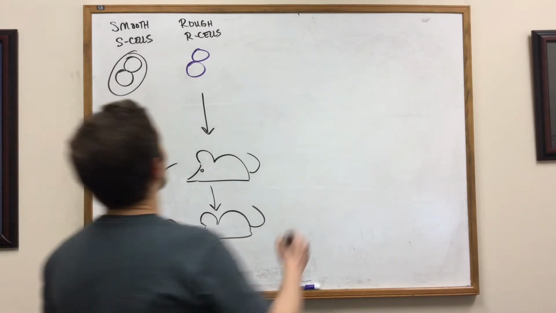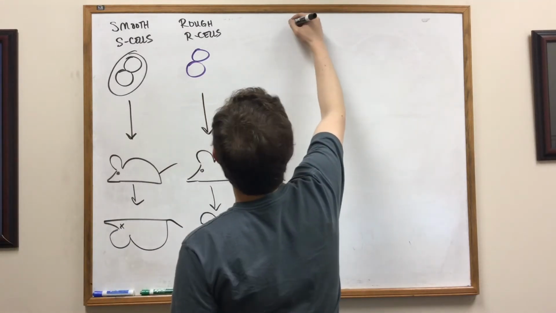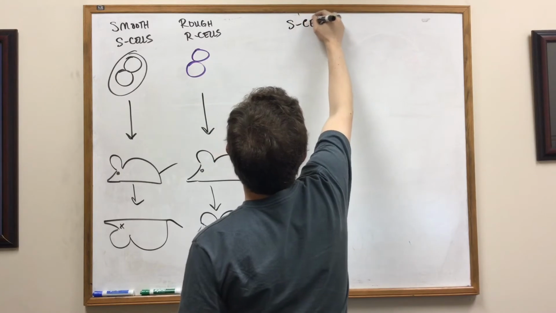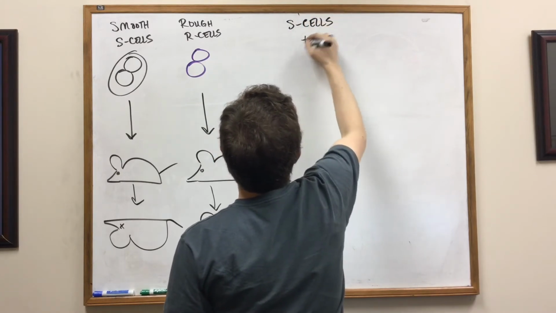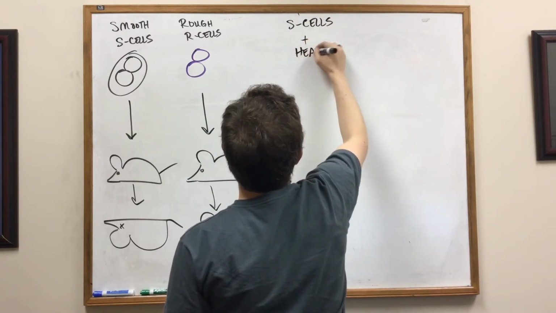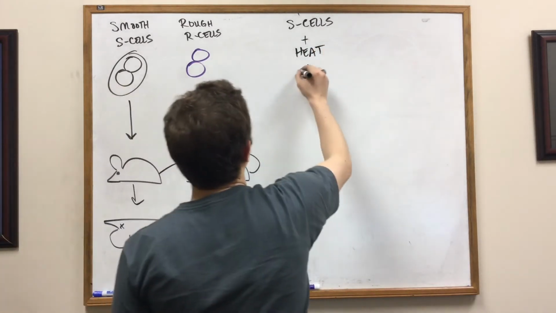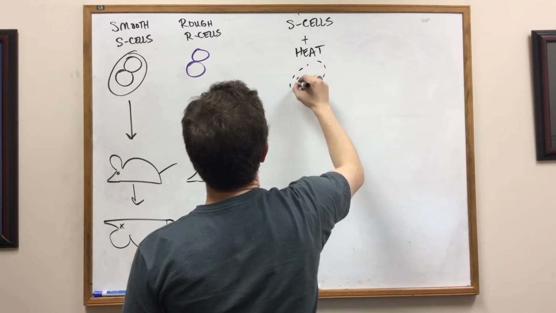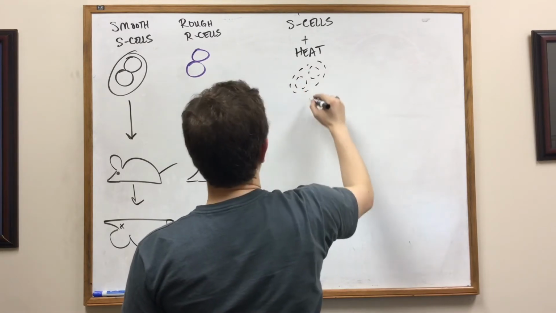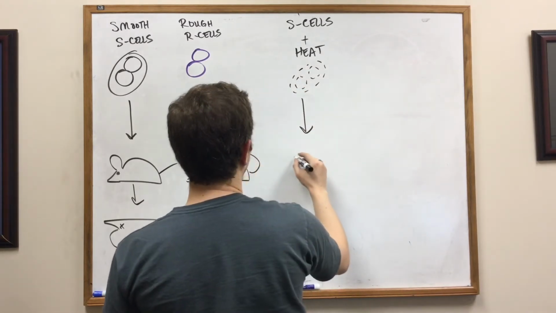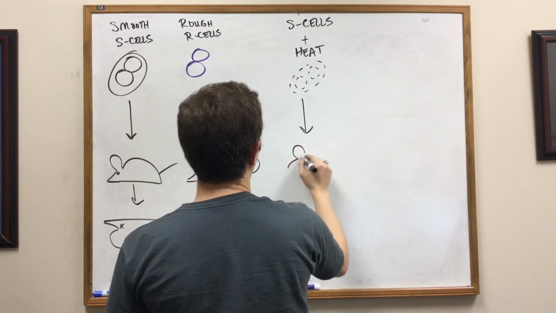Then what they did was they took these S cells and they treated them with heat. So they killed these S cells with heat. And they injected those heat-killed S cells into the mouse.